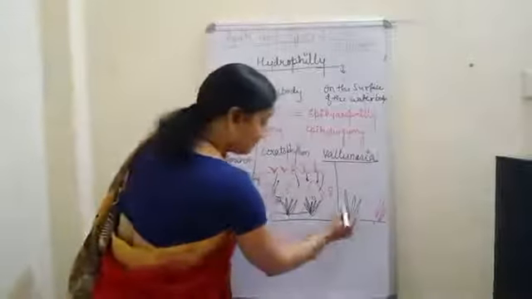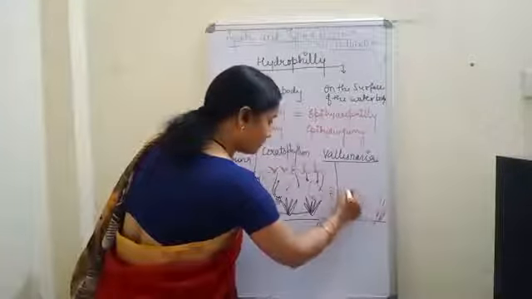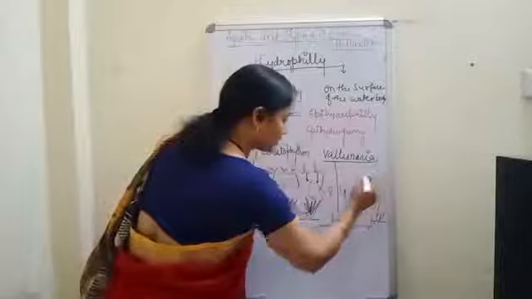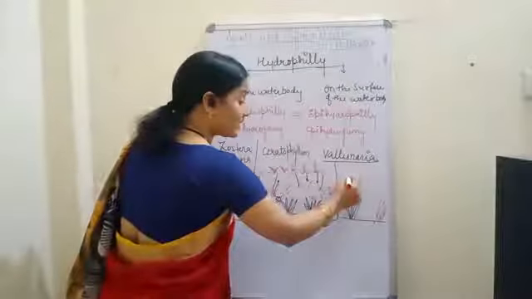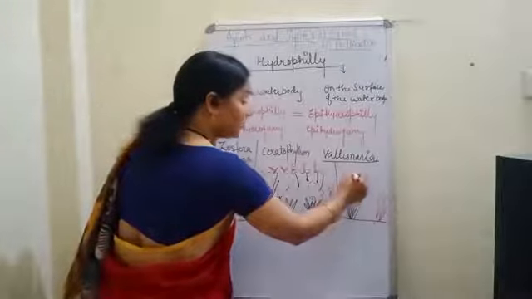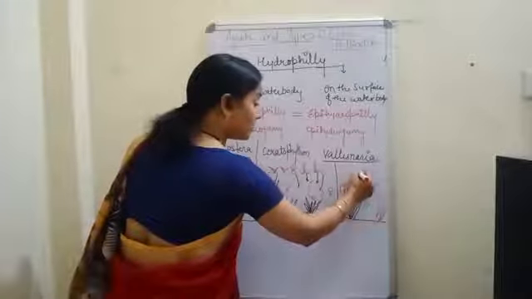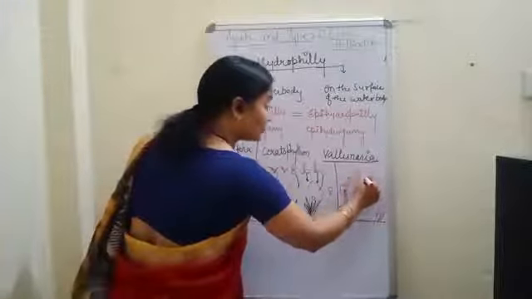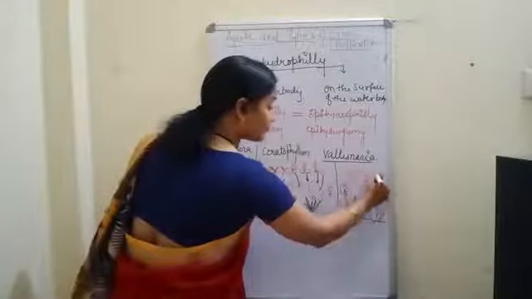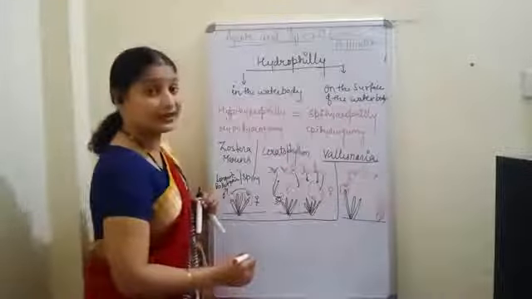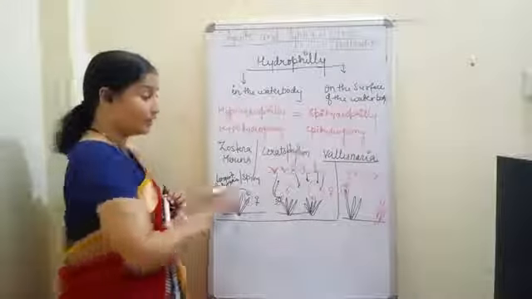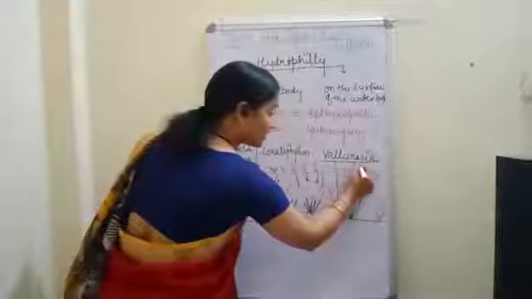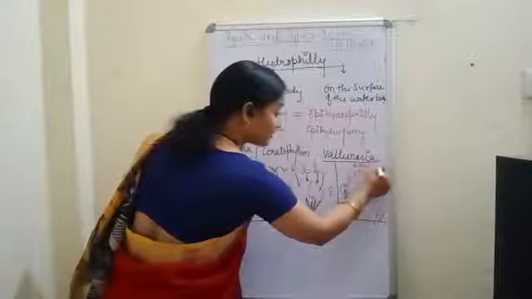Suppose this is the male flower, and this is the water body. The male flower will release the anther. Anther will liberate the pollen grains, and the pollen grains will float over the surface of the water. Epihydrophily. So they will float over the surface of the water.